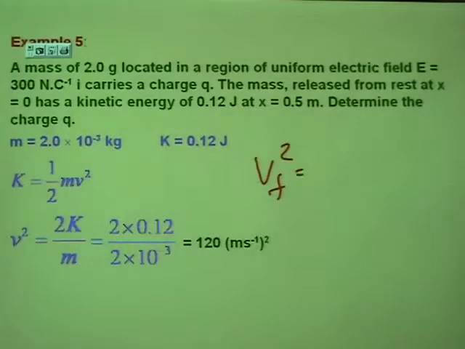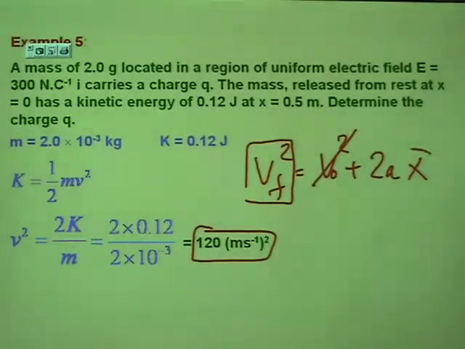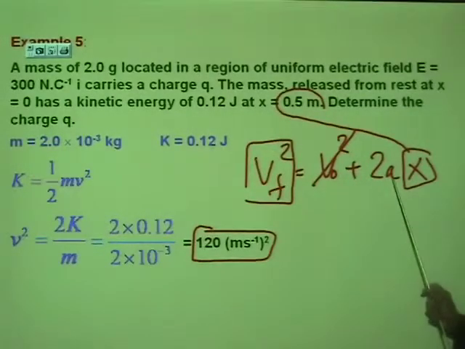Vf squared equal to V0 squared plus 2ax. Well, we know Vf squared, that is 120. We know V0 is 0. We know x is 0.5 meter. Therefore, we can calculate the acceleration from this equation.